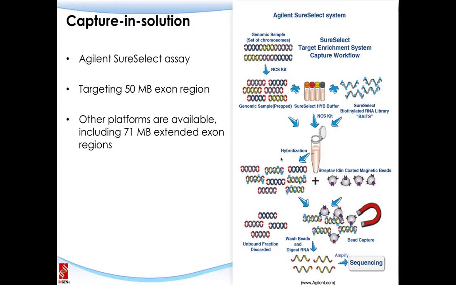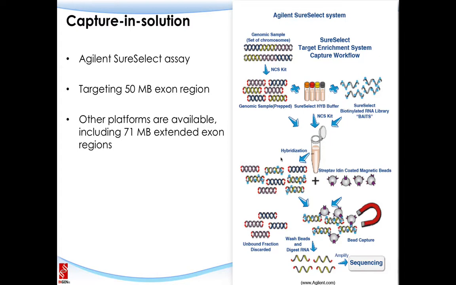And then you use this bead. This bead only captures those biotin signals, and everything else will be washed away. And then you only sequence this part that's being captured by these beads, and that's the way that we are able to capture the exon regions.